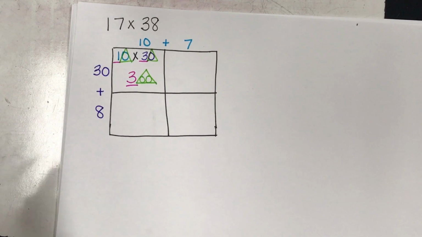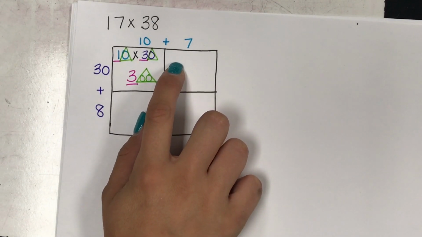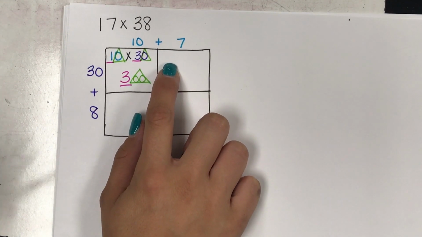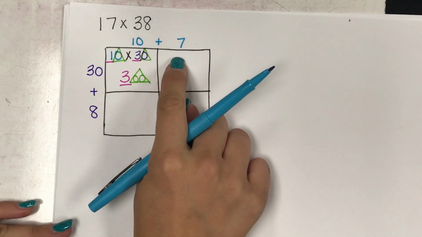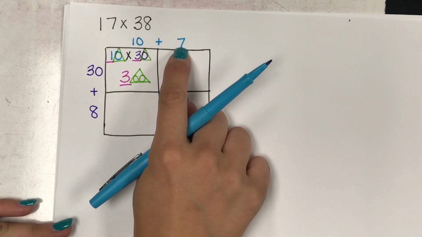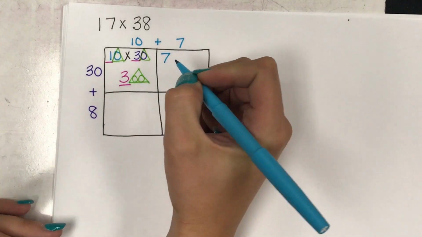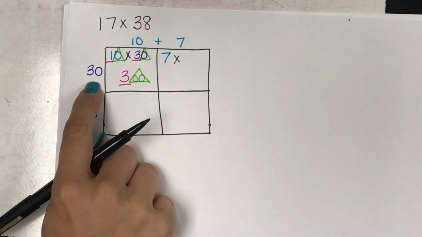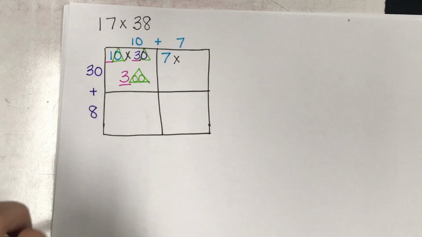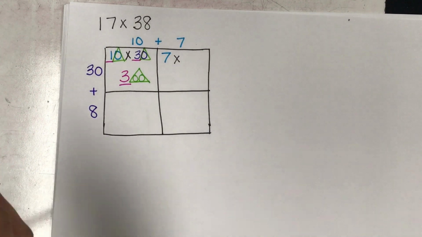Okay, now let's look at the next box. What multiplication goes in this next box? Okay, look above. What number is above it? 7 times what number is next to it? 30.